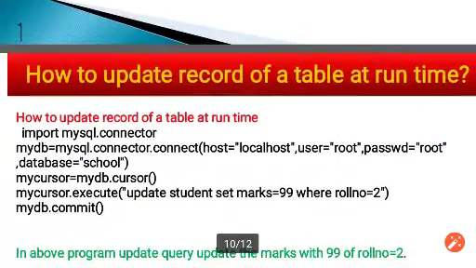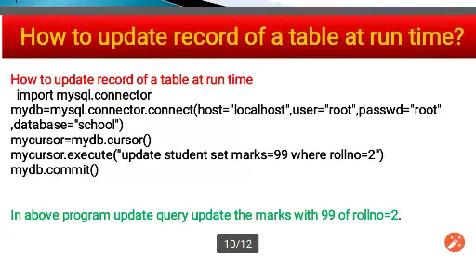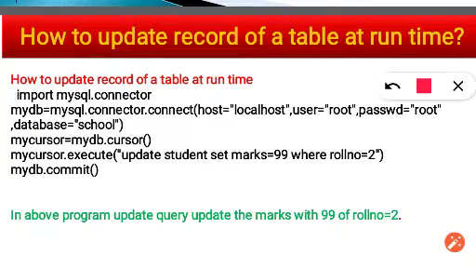Moving to the next slide, if I want to update, the same way, again the first three lines are same. First is importing the MySQL connector, then establishing the connection, and then creation of the cursor object.